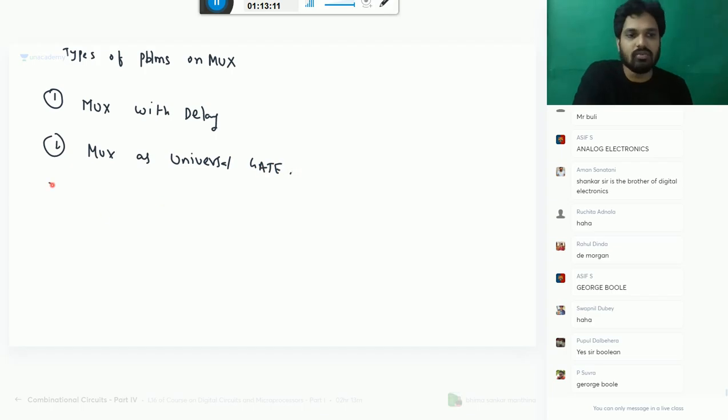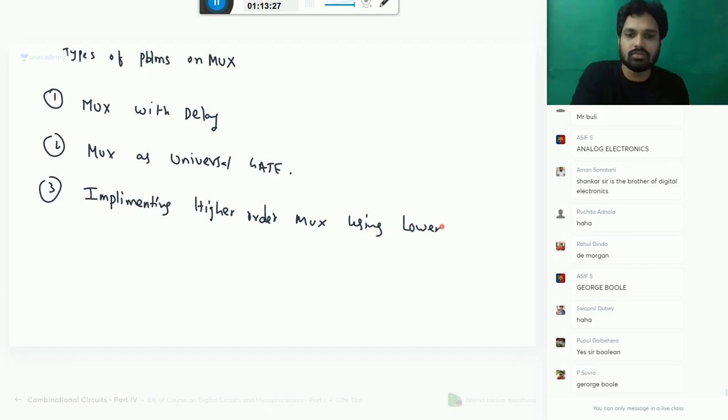The third one, implementing higher order mux using lower order. The next they can ask, this is important. Gate point of view, this is the most frequently asked point.